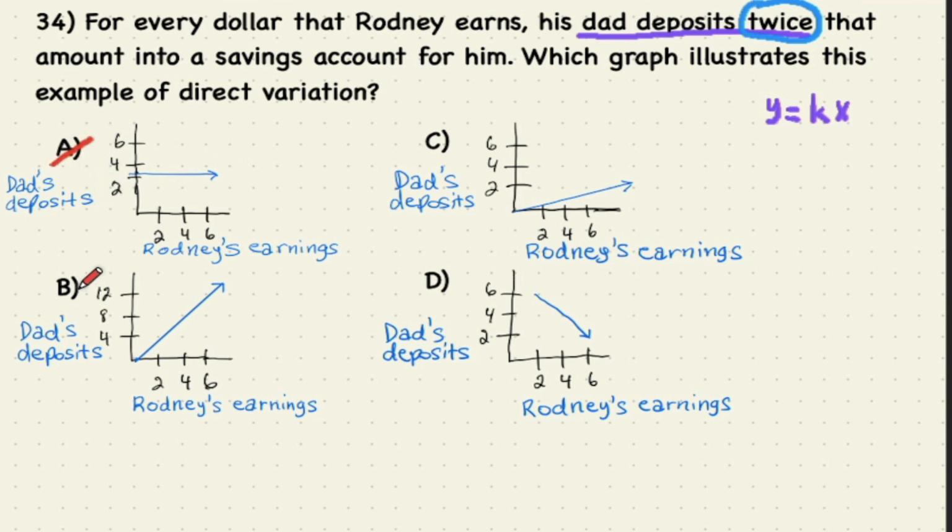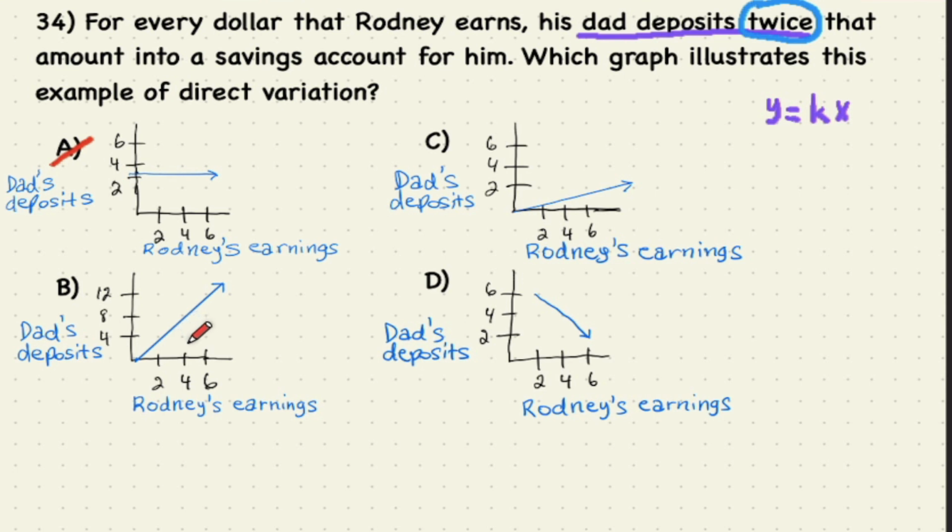Now let's look at answer choice B. This is Rodney's earnings right here. We see this starts at 0, but then if he earns $2 and his dad deposits twice that amount, twice that amount is multiplying by 2. So 2 times 2 is 4, right here.